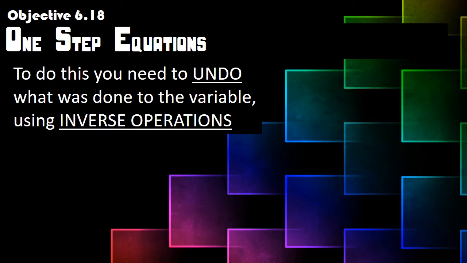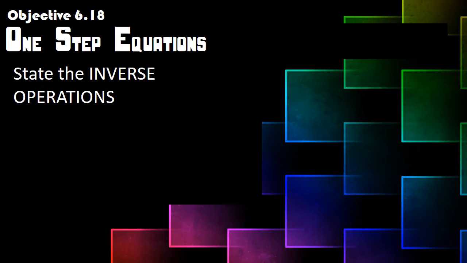So our goal with one-step equations is to undo what is done to the variable using inverse operations. So we're going to go ahead and state the inverse operations. All that means is we're doing the opposite operation. In your equation, if it ever says to add 23, in order to get the variable by itself, we are going to subtract 23.